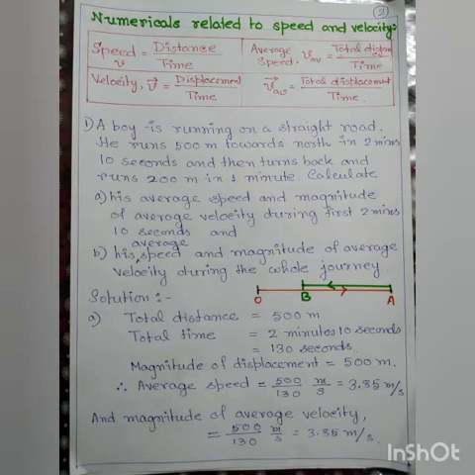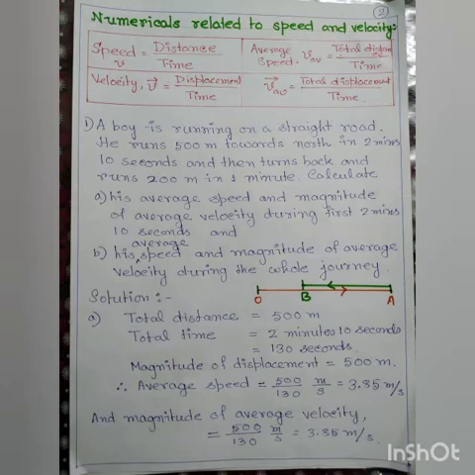And the magnitude of average velocity will also be 500 by 130, that is 3.85 meters per second. Now this example shows that the average speed is equal to the magnitude of average velocity, as the motion is in the same direction, along a straight path. Clear?